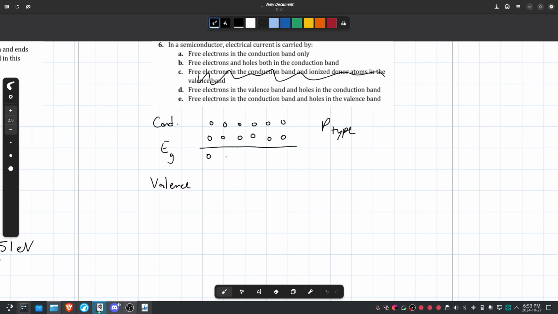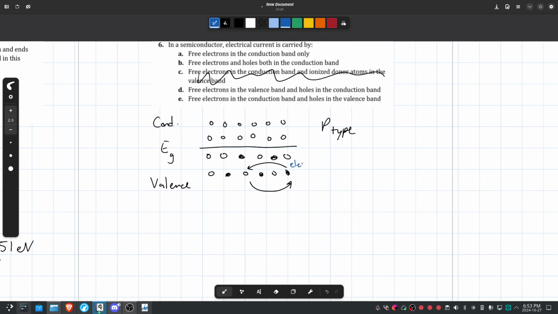Electrons move around, electrons wave about, but holes always stay in place. What happens is actually in the valence band. Because here now you're going to have a decent mix of holes and electrons. And what happens is that these electrons are going to jump backwards. And if an electron jumps backwards, that's effectively the same as a hole jumping forward.